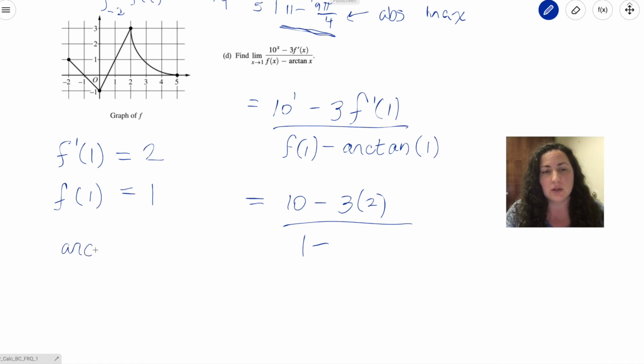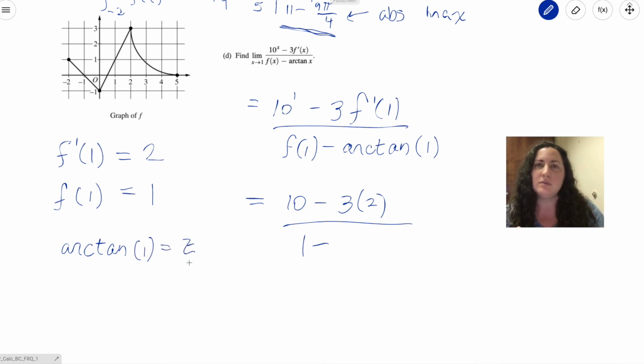This is a non-calculator question, so we need to evaluate arctan 1 without a calculator. So arctan 1 means we want to find the angle whose tangent is 1. In other words, if arctan 1 is equal to z, that's saying that 1 equals tan z. So what angle has a tan of 1? Well, that's saying where are sine and cosine equal? And that occurs at pi over 4.